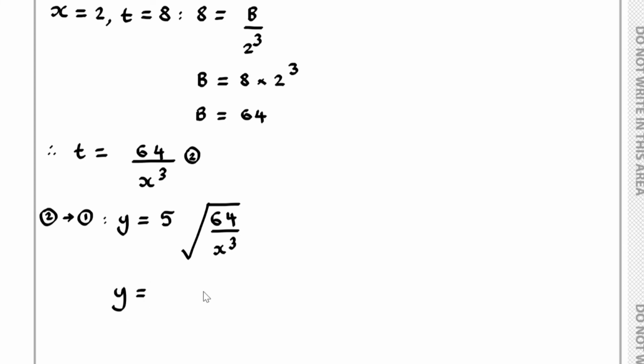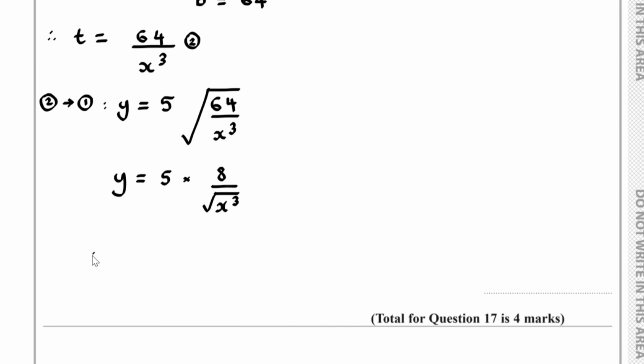So I've got y equals 5 multiplied by 8, because that's the square root of 64, divided by x cubed square rooted. So y is equal to 40 over the square root of x cubed.